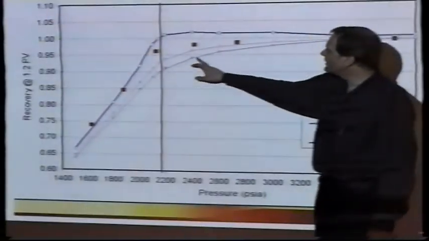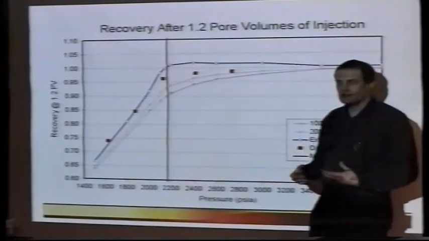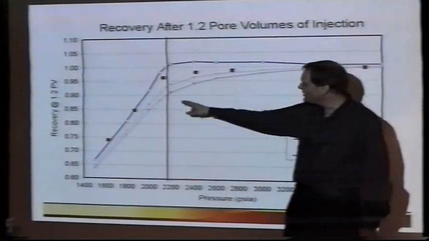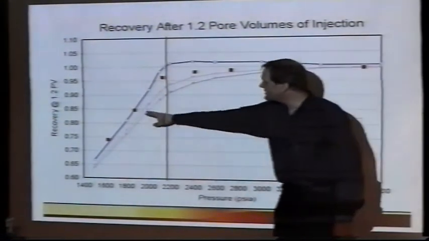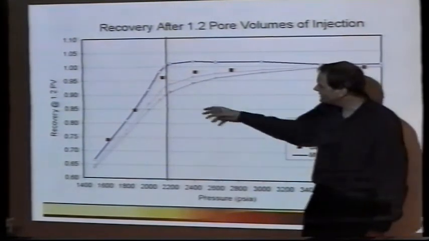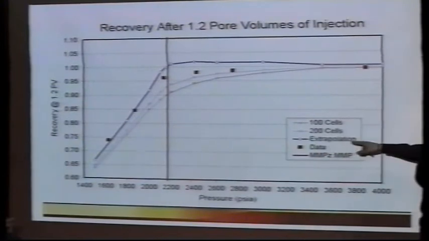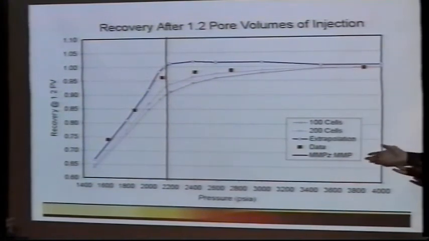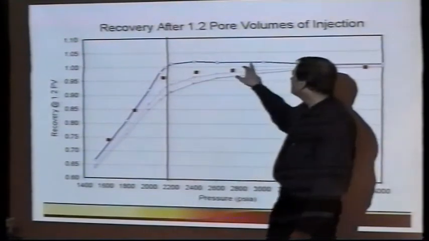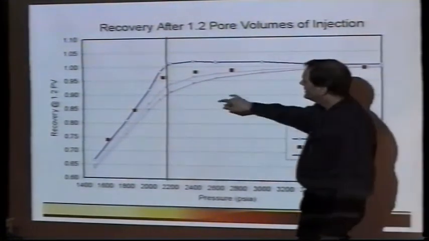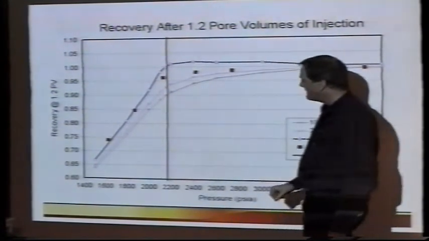First with 100 cells, there's just too much dispersion to tell what the MMP is. So then with 200 cells, it gets a little bit closer, and so forth until you can finally do an extrapolation to an infinite number of cells, which gives a recovery curve that looks about like that. And so the MMP is somewhere in this range.